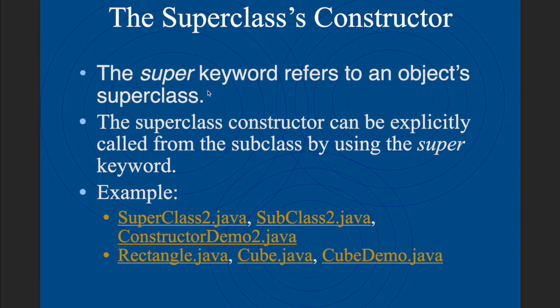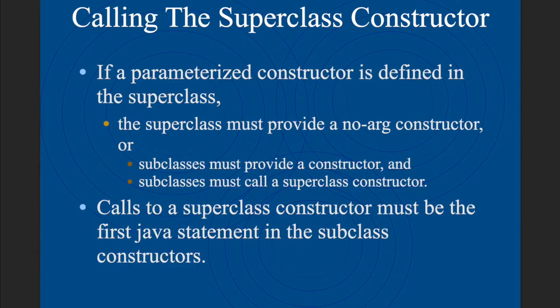The super keyword refers to an object's superclass. The superclass constructor can be explicitly called from the subclass by using the super keyword. And just like I told you, I will show you this, don't worry yet.